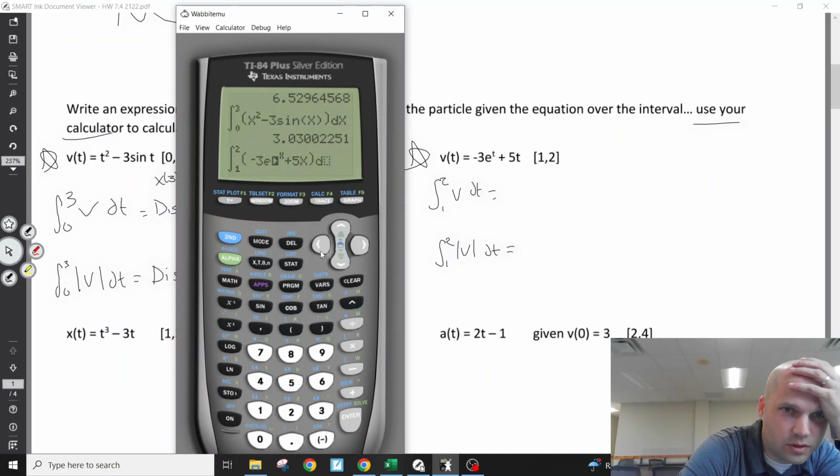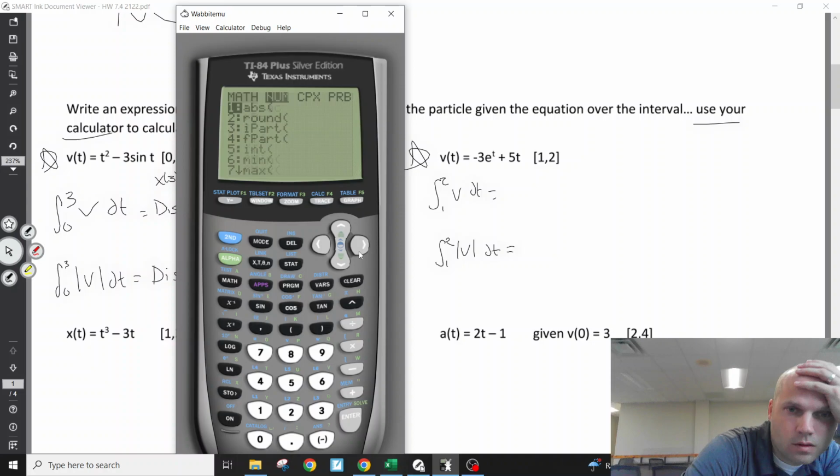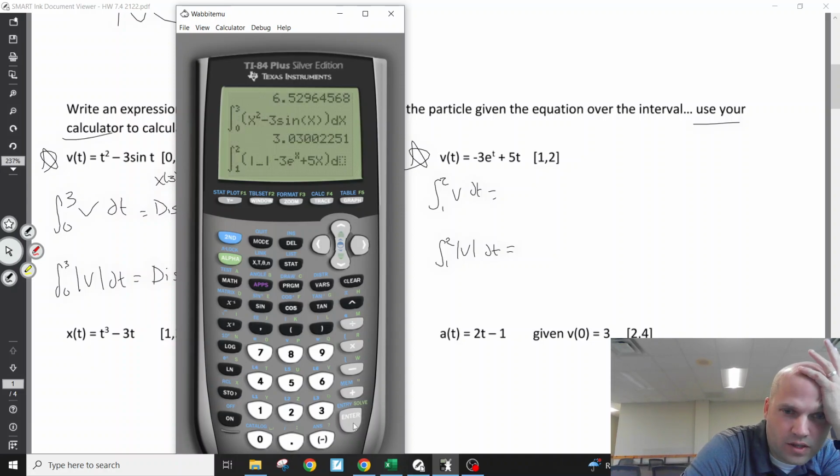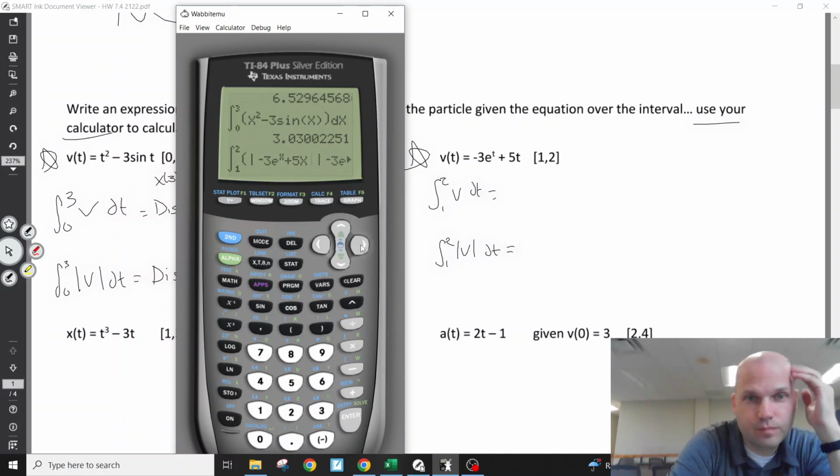Do the distance first. See, when you insert an absolute value, you can't put it around the stuff. So do the distance first.